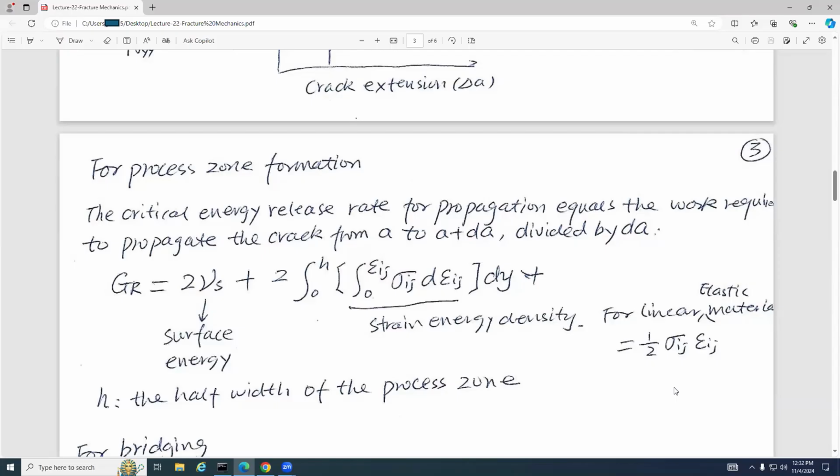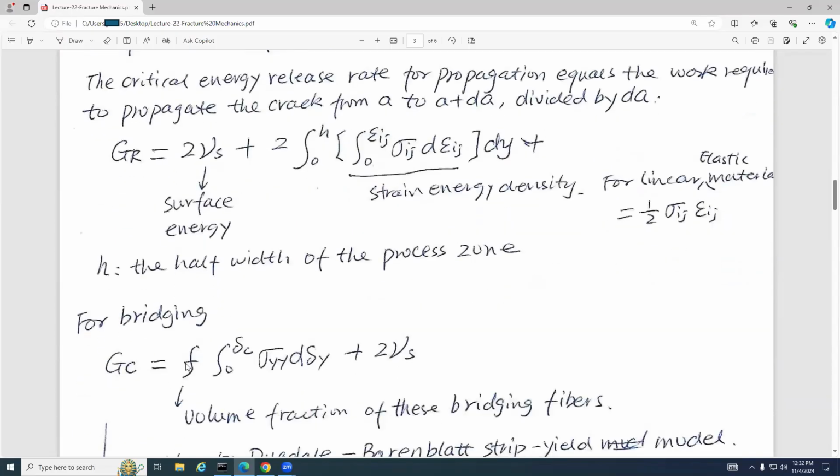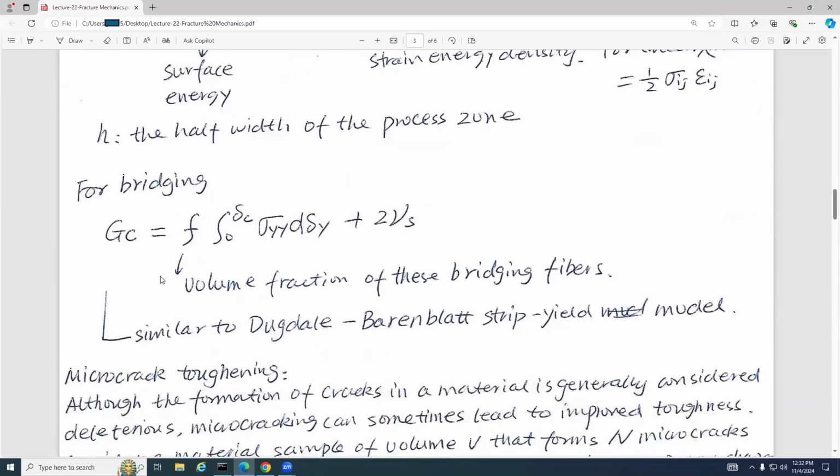So this is for the process zone formation. And this is for bridging. And we also have 2 terms. This term is the one we have if we do not have any toughening mechanism. However, this time we have some whiskers or fibers that connect the upper face and lower face of the crack, and then we will have sigma yy, which is in the y direction, and d delta y.